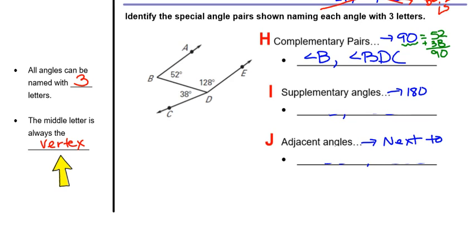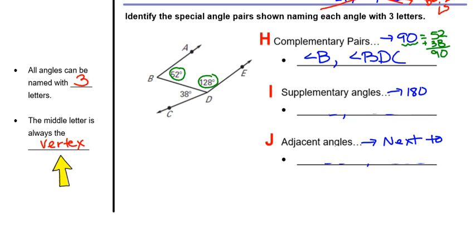The next question that we have is the supplementary angle question. Remember, those have to be 180 degrees. And again, we're looking for two numbers that add up to 180 degrees. For sure, I think we're going to use this 128 then. What would be the second number that we would put with 128 to make 180?